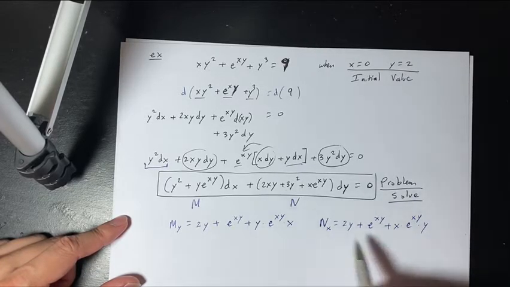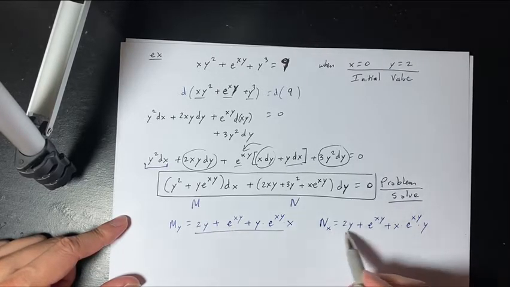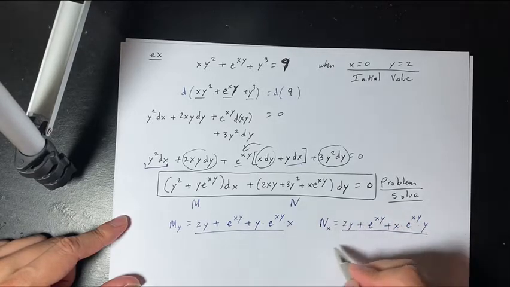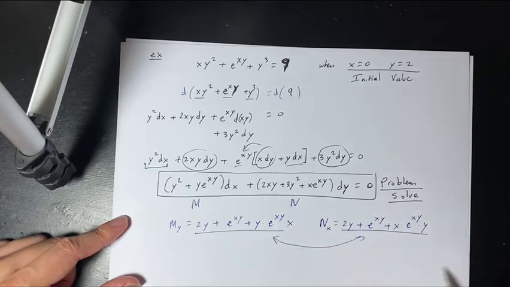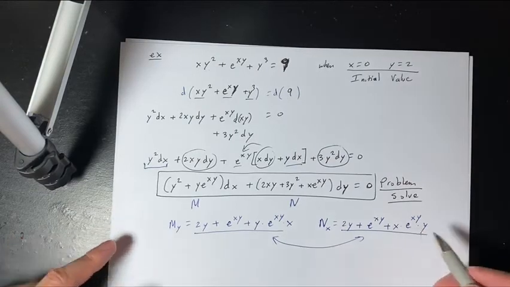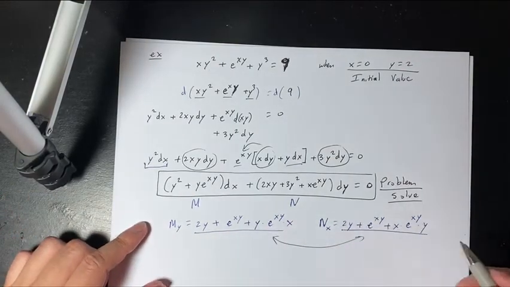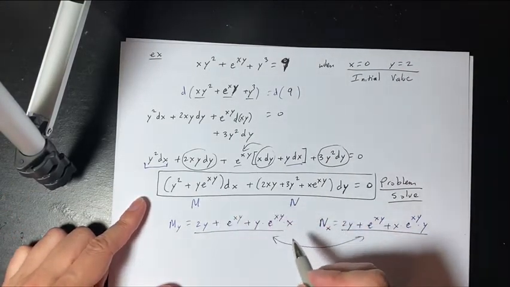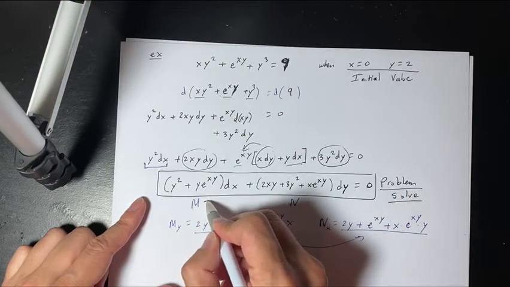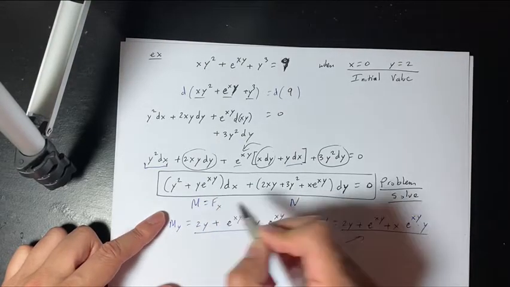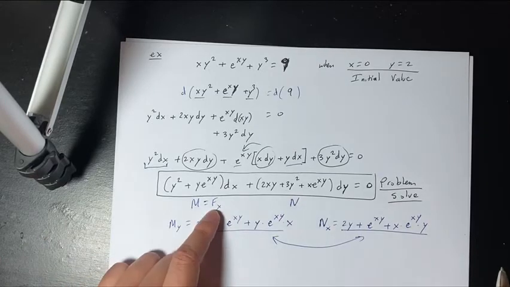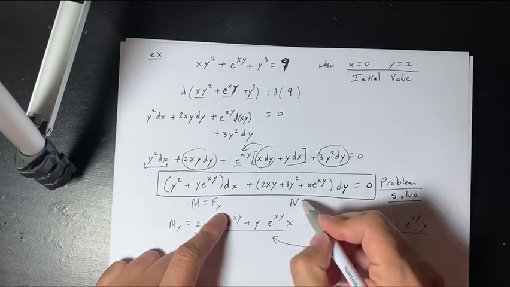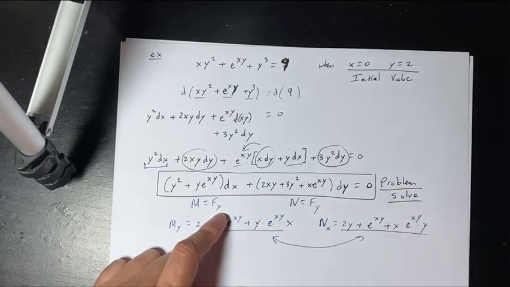And if you compare both, they are exactly the same. And this confirms that they're coming from really the same f. So this is going to confirm that this is indeed the derivative of capital F with respect to x, and this is indeed capital F with respect to y.